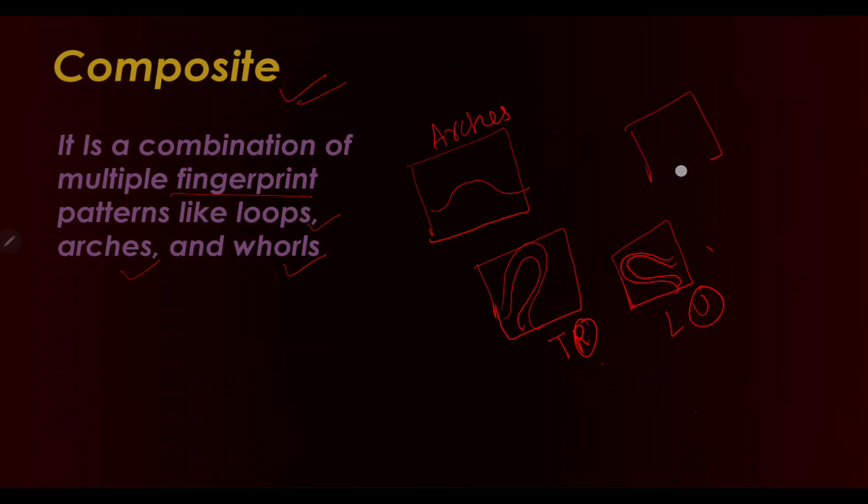And what is a whorl? A whorl is a circular or spiral pattern. This is a whorl. So composite means it is a combination of loops, arches and whorls together. Let us see how that happens.